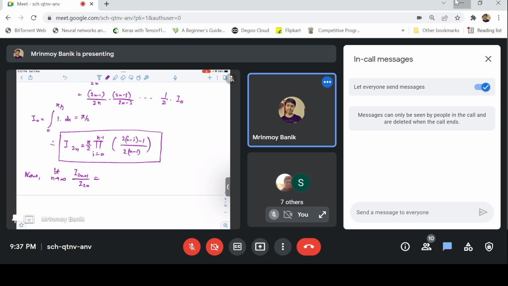Okay, so now in the denominator and numerator we can multiply by n factorial. Now this thing turns into a 2n factorial, I guess.